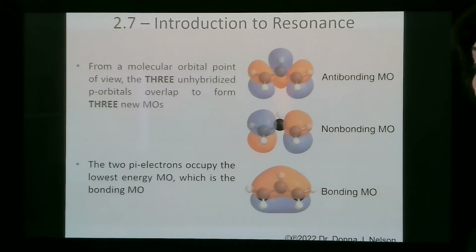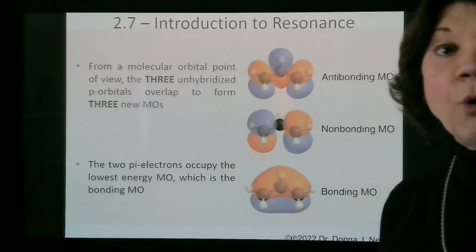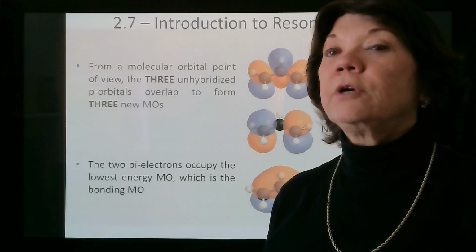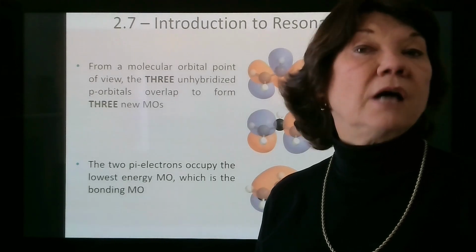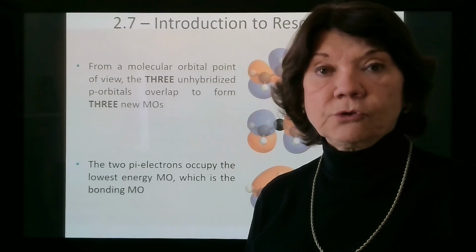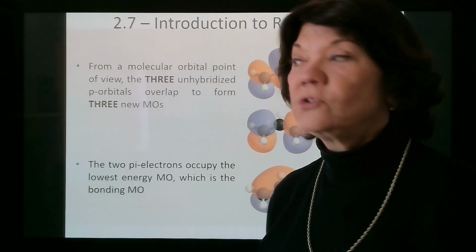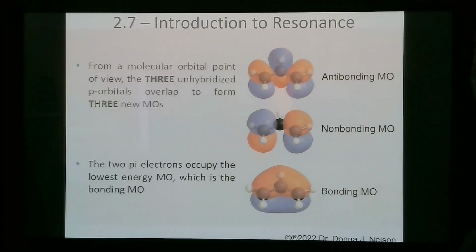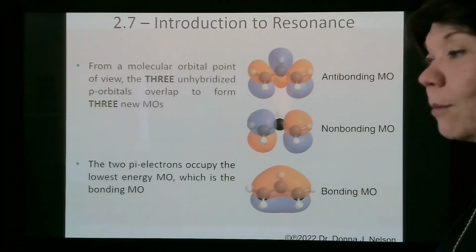When 3 p orbitals are brought in to form a pi system, that's 3 atomic orbitals. Those 3 AOs, which means atomic orbitals, will form 3 MOs, which means molecular orbitals.